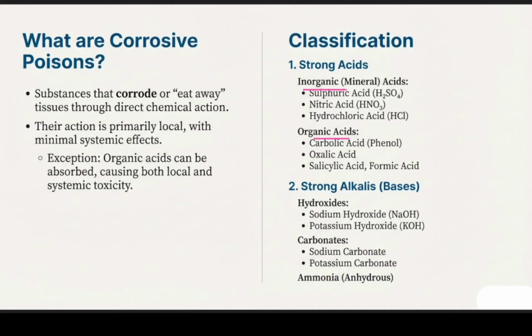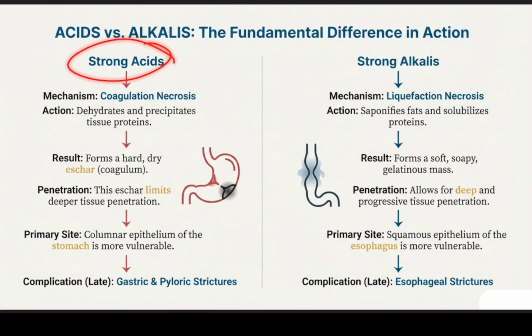Now, coming to how they act. When we talk about the strong acids, the mechanism is coagulation necrosis. So basically what happens is, when an acid falls on the tissue, it dehydrates and precipitates the tissue proteins.